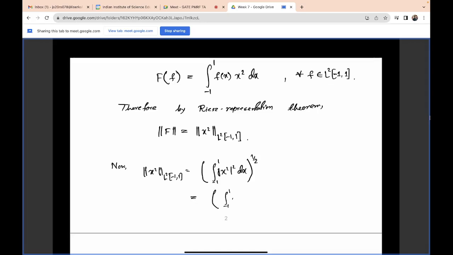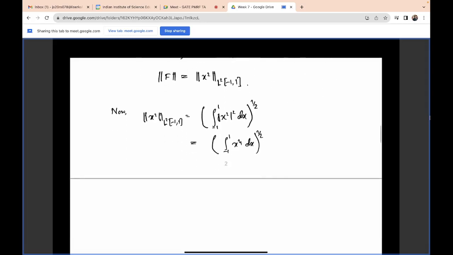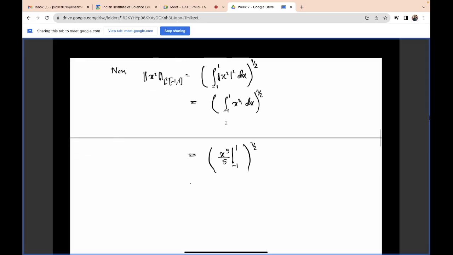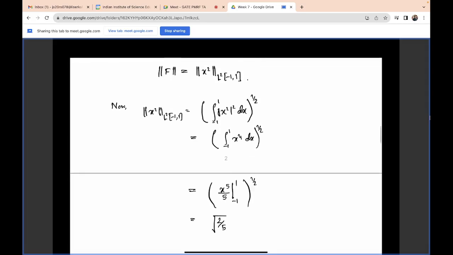So this is the integral from minus 1 to 1 of x to the power 4 dx to the power half. The integration will be x to the power 5 by 5 from minus 1 to 1, to the power half. If you put the values, it will be 2 by 5 and its square root. So the norm of x squared is the square root of 2 by 5.